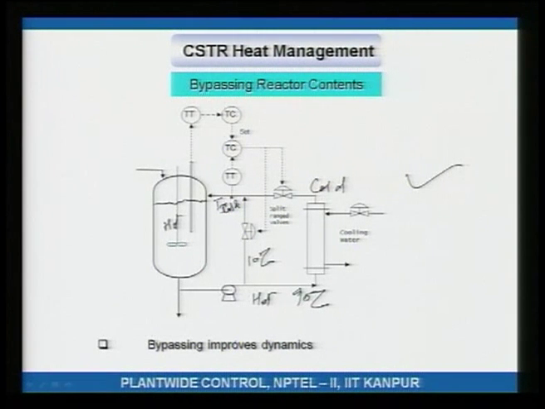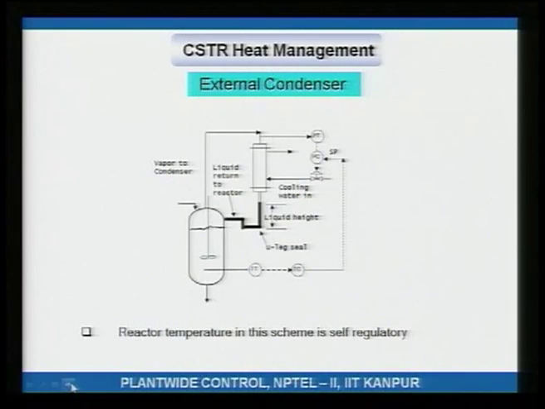So, the comment here is bypassing improves dynamics. Indeed it does. Okay, let us see external condenser. Now, sometimes you have a reaction mixture which is two phase. That means the reaction is happening in the liquid phase, but the liquid phase is so hot that you have vapor also in equilibrium.